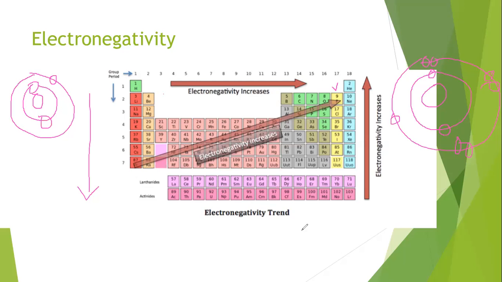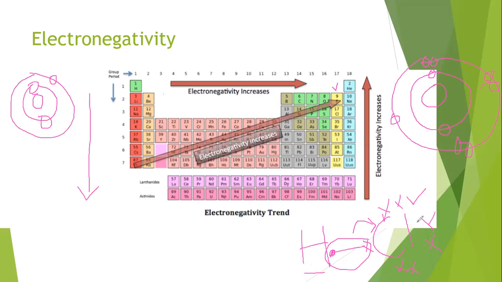For example, there is sharing between hydrogen and chlorine. This is hydrochloric acid. They share one electron: one electron is shared by chlorine and one electron is shared by hydrogen. So due to the electronegative nature of chlorine, this shared pair of electrons will be towards the chlorine atom as compared to the hydrogen atom because of the higher electronegativity of chlorine.